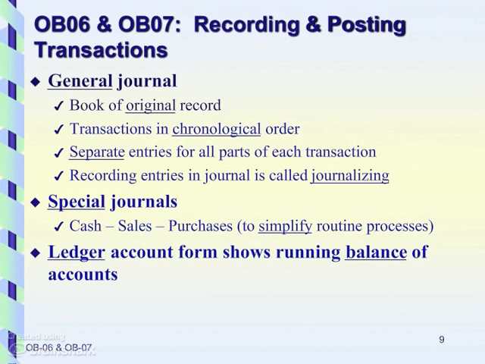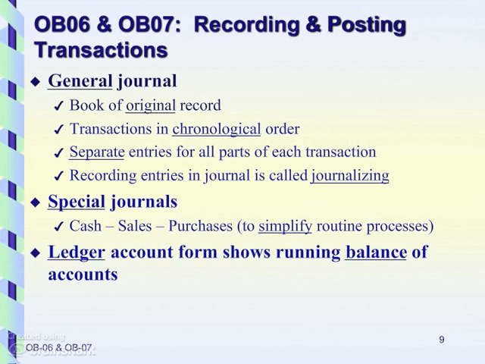Then we have the ledger. The ledger is an account form that shows the ongoing balance of our accounts. If you recall, we take the information from our general journal and we post it to the ledger. In the ledger, this is where we show the ongoing balance updates for each journal entry.